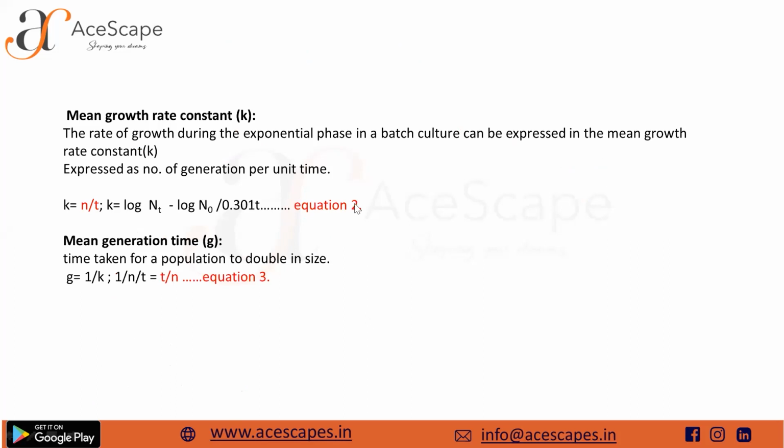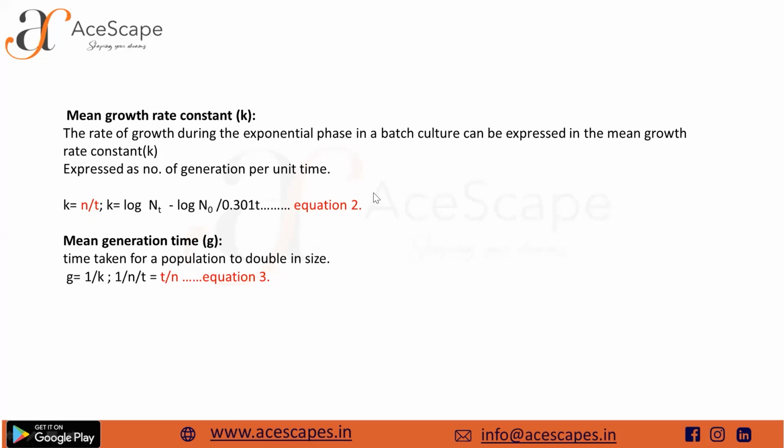Now we have the second equation, the mean growth rate constant. The rate of growth during the exponential phase in a batch culture can be expressed as the mean growth rate constant. This is the number of generations per unit time; in each time interval, how many generations occur. So k = n/t, where n is the number of generations, per unit time.